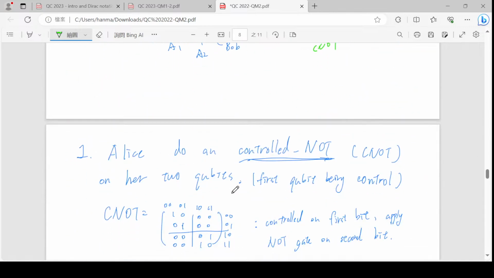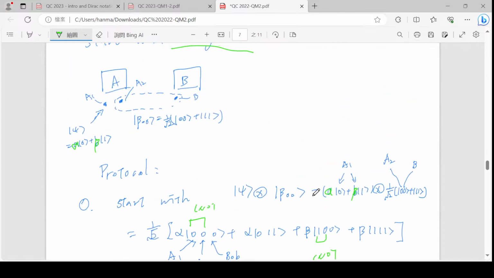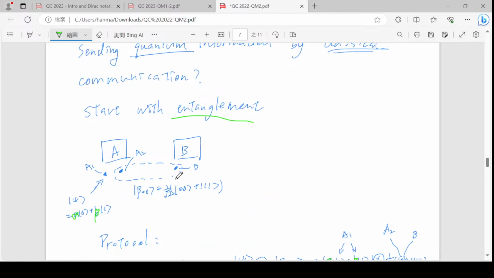And the protocol, I have 1 minute, so I have a very high-level description of the protocol. Alice and Bob will once again start by sharing this beta 00, and Alice also holds this unknown state psi that she wants to teleport.